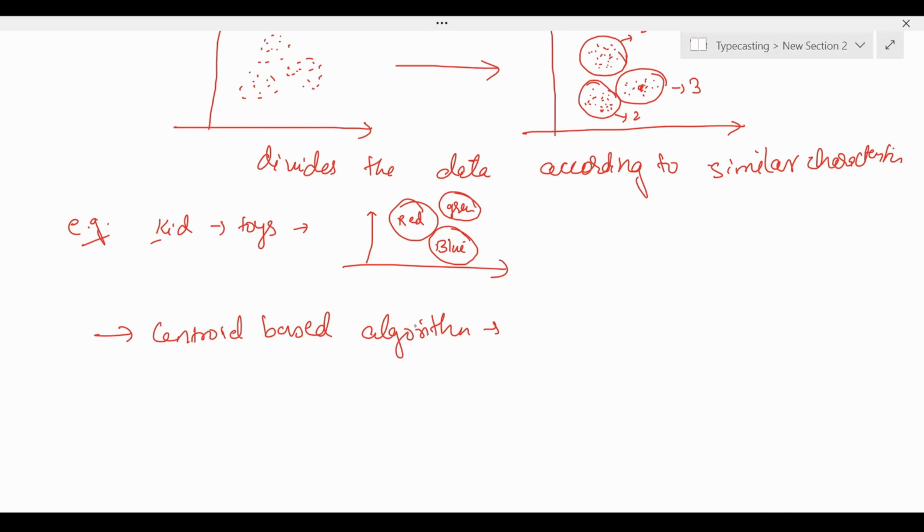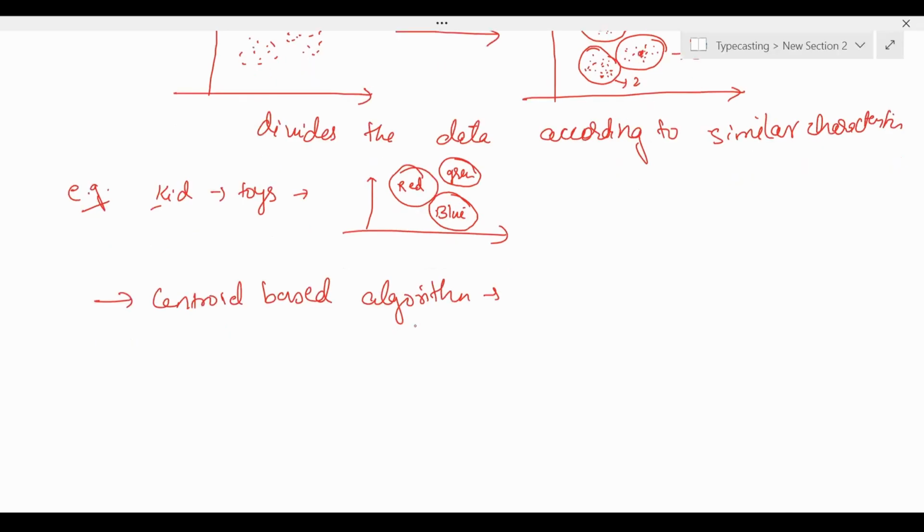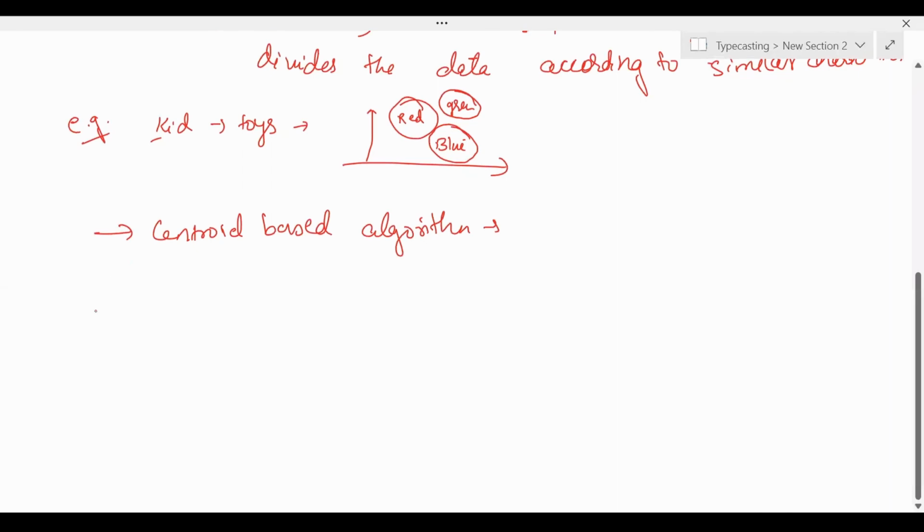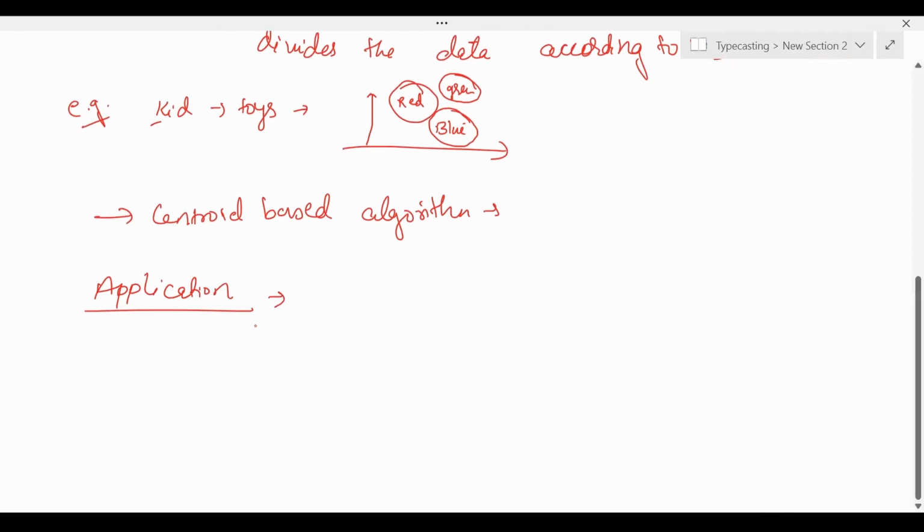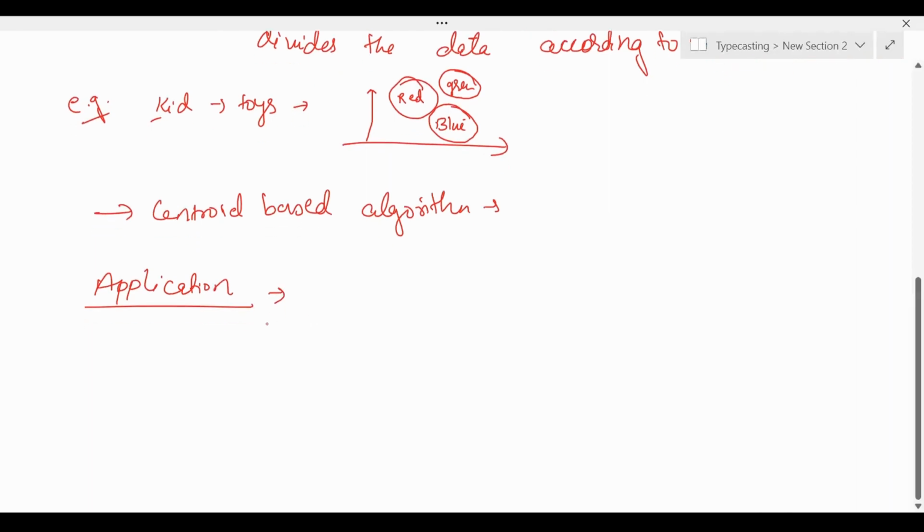So let's understand the applications of K-means clustering. K-means clustering is useful in most applications. A very important application is in market segmentation. For example, there is a supermarket.